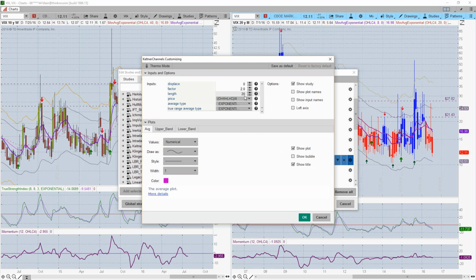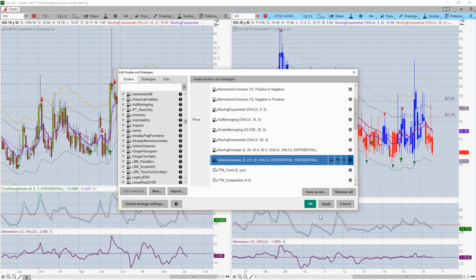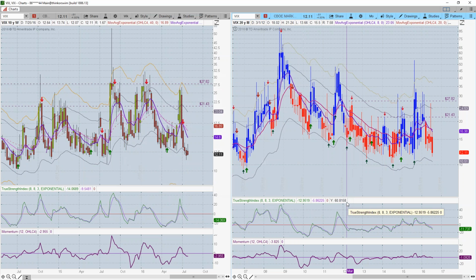I use the 20 period exponential moving average based on the open, high, low, close divided by 4, and then it will paint those upper and lower bands. And then you can go over here and play with the upper and lower bands, paint them any color you want them to be, and so that's kind of fun. And I'll cancel that.